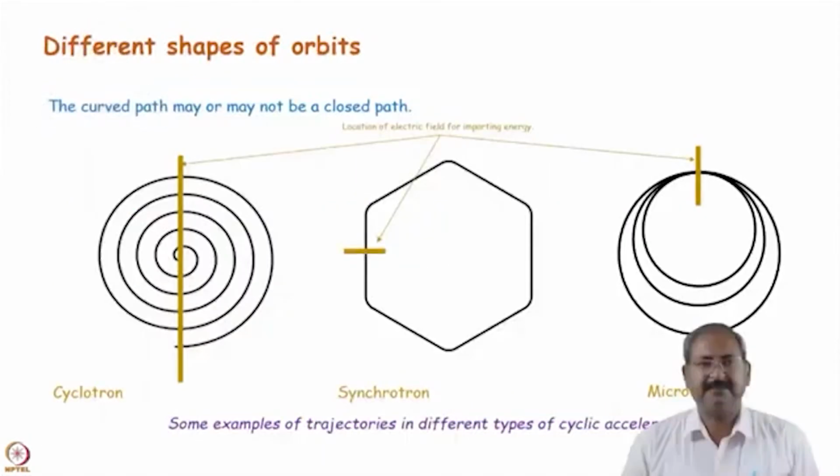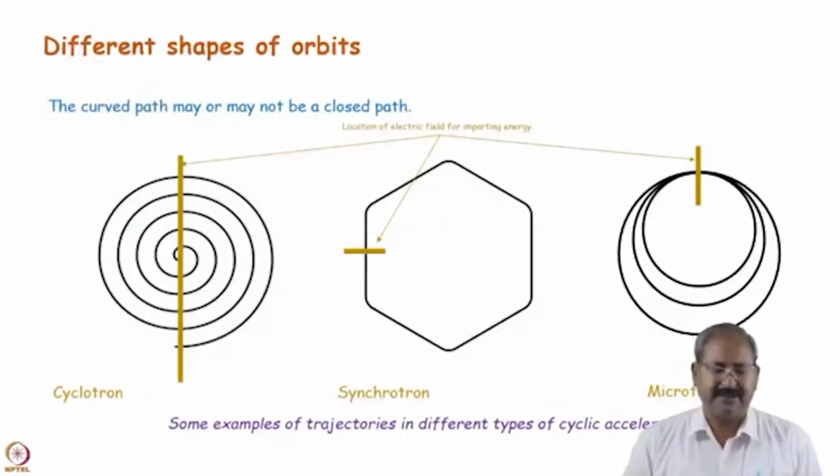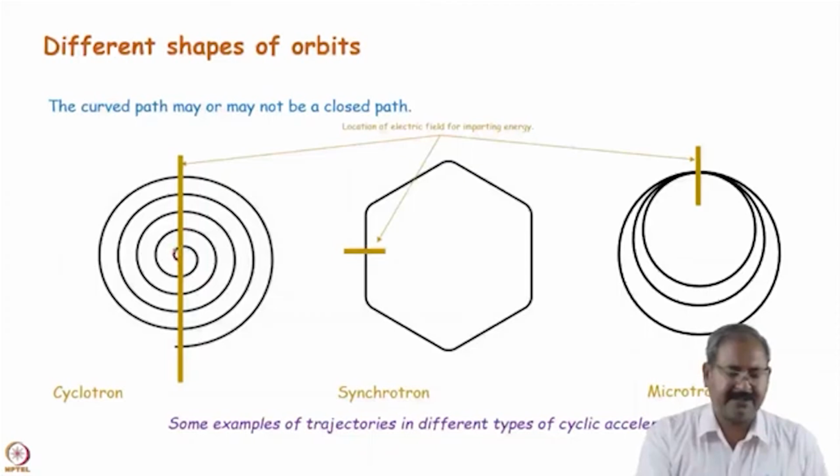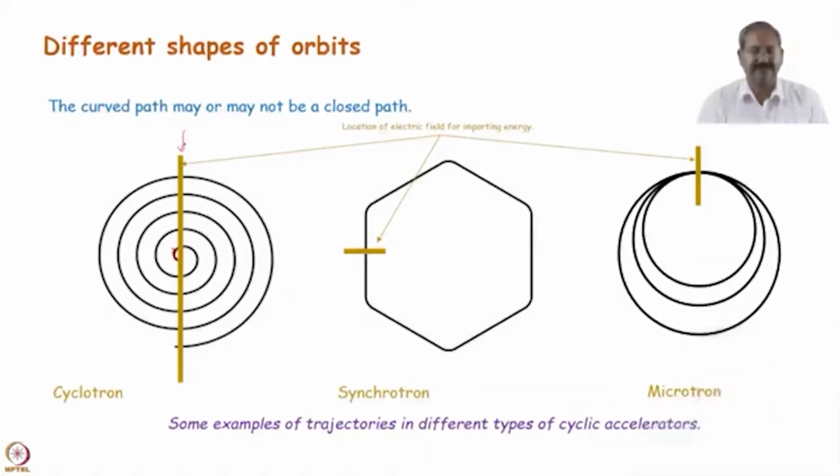Now the curved path may be of different types. Suppose we have a constant magnetic field, and this is a particle trajectory, and in this gap consider there is an electric field applied. So whenever the charged particle crosses this gap, it gets energy.